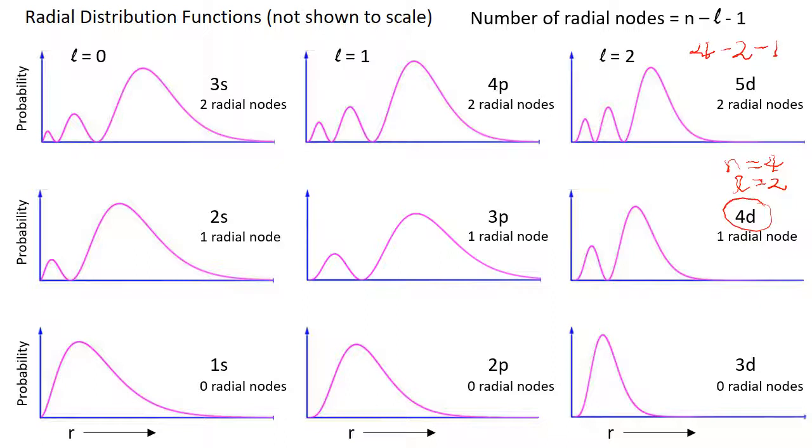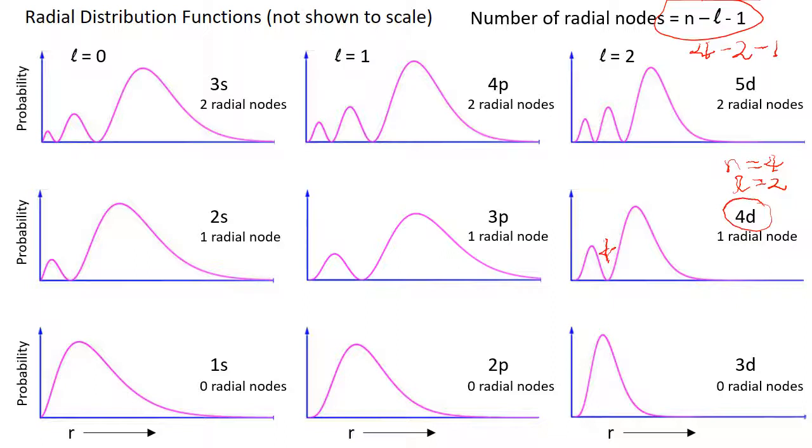When I do that math, I find that the number of radial nodes equals 1. And that's indeed exactly what we see. So this is a very simple equation which relates the number of radial nodes in this radial probability distribution function to the quantum numbers n and L.